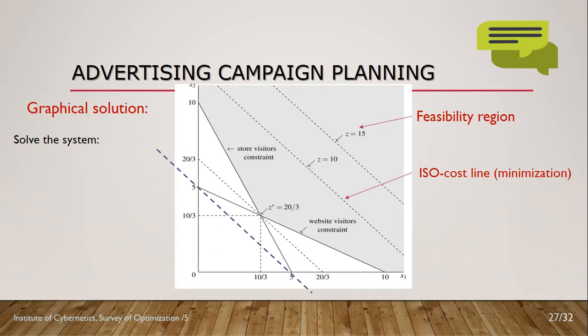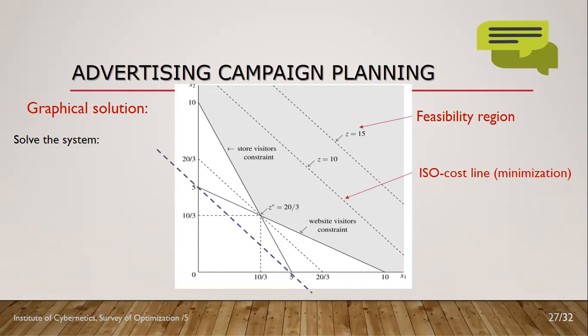So we start with a ballpark figure of $15,000. Now remember that everything is counted in thousands of dollars. So that's why I just put it. And here we draw a cost line, a dashed line, and we see that the whole line lies in the feasible region.